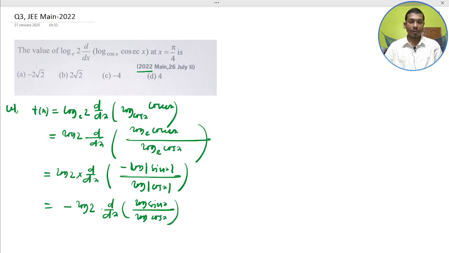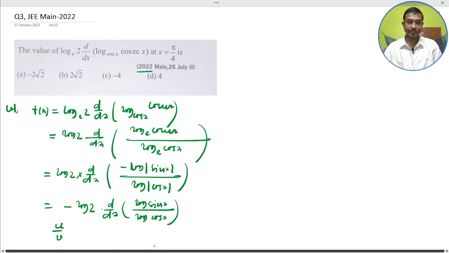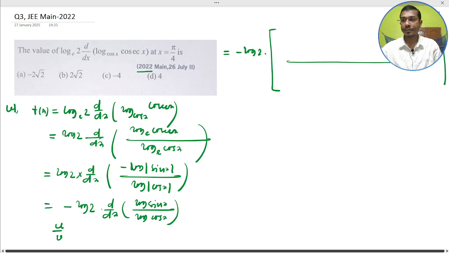Okay. Now numerator by denominator, quotient form. So u by v method, the differentiation. So equal to minus log 2 into denominator square, means log cos x whole square. So log cos x fixed, d/dx of numerator log sin x means what?